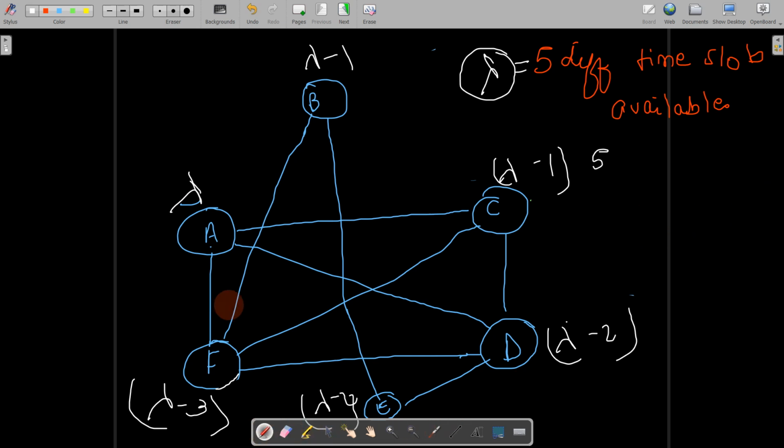So the chromatic polynomial, or the number of ways you can conduct the exam using lambda different time slots, is lambda into lambda minus 1 squared, because we have lambda minus 1 choices twice, lambda minus 2 ways, and lambda minus 3.